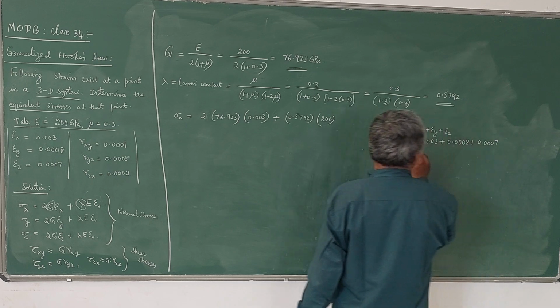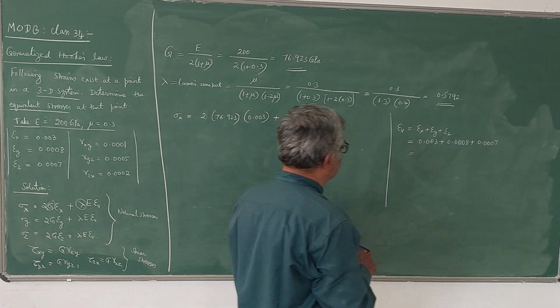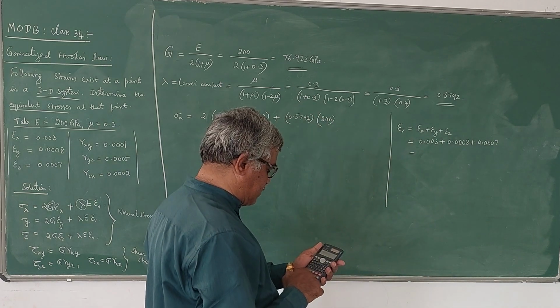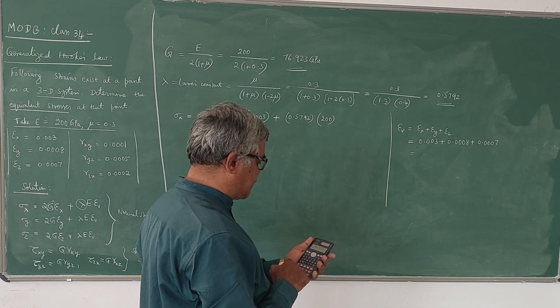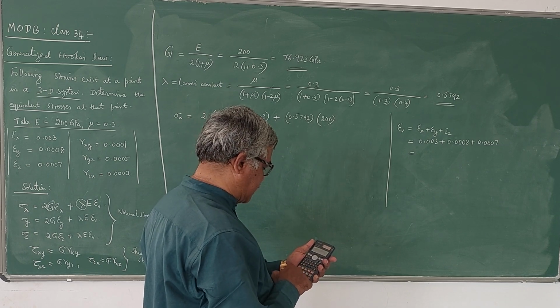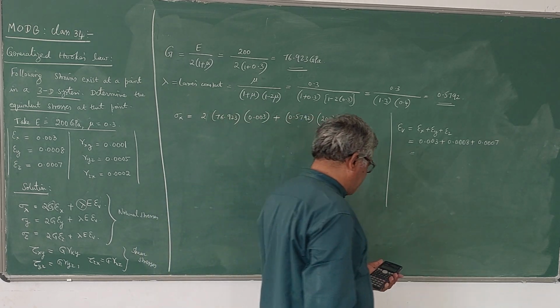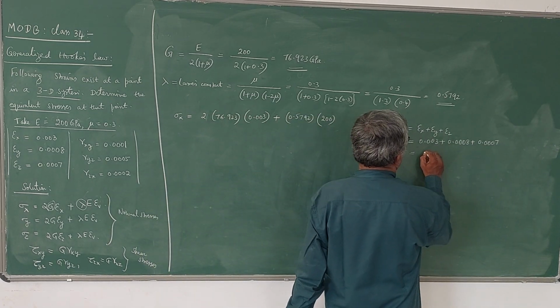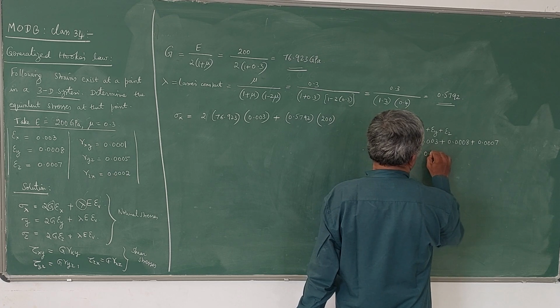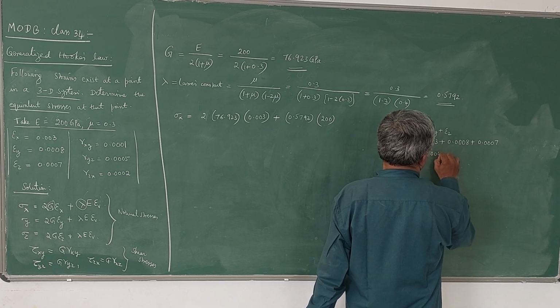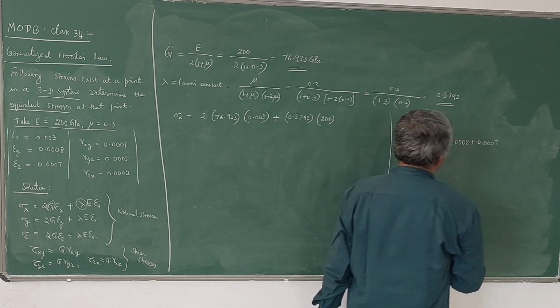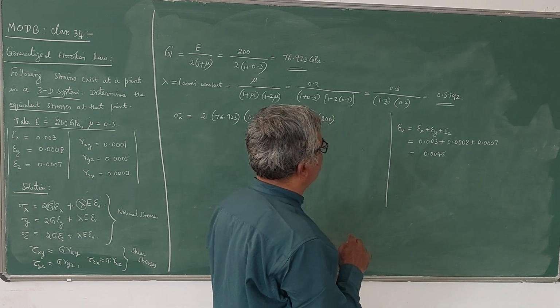If you add these three, the value is 4.5 into 10 power minus 3, or you can write it as 0.0045.